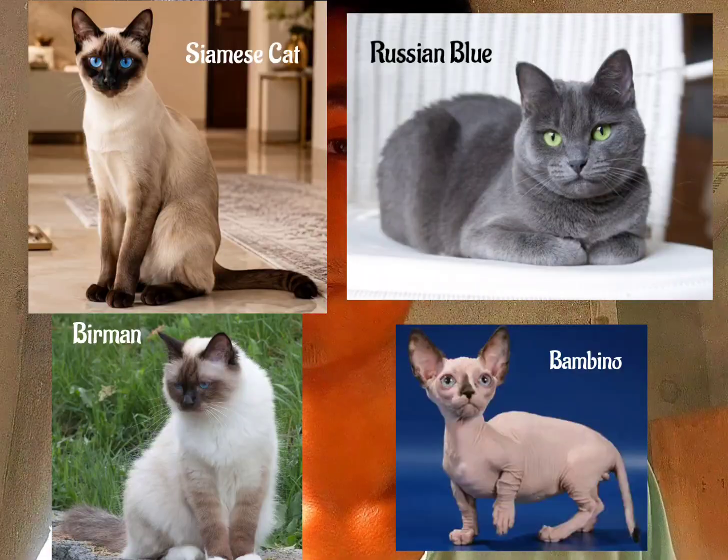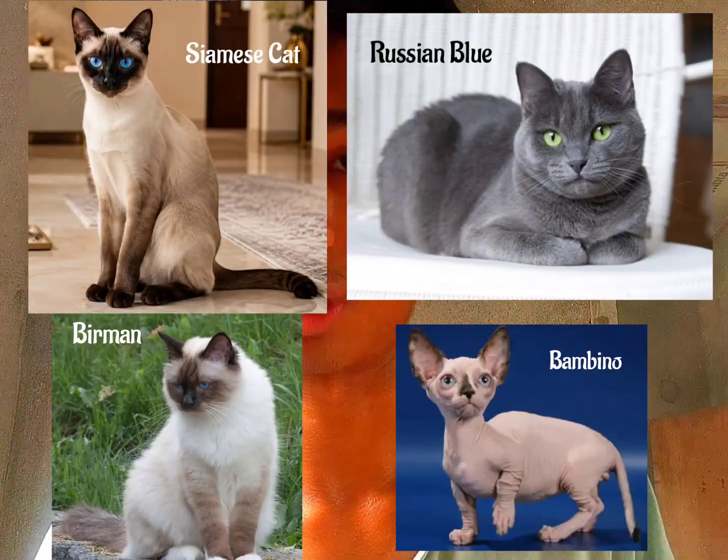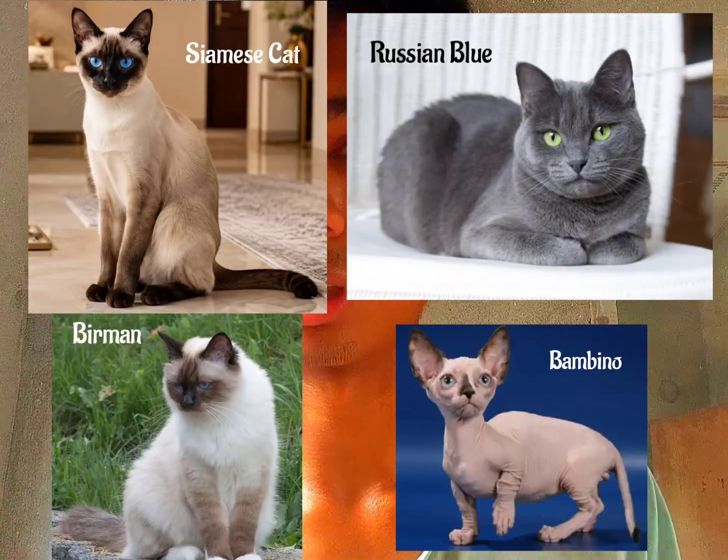Next come cats, which for some people are also best friends. Breeding is not natural at all. It's completely artificial. It depends on the climate, living conditions, and the environment they live in.